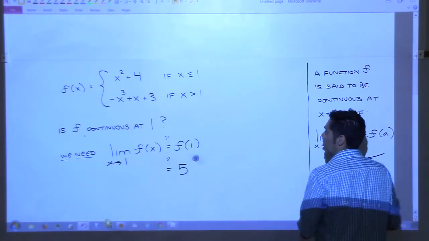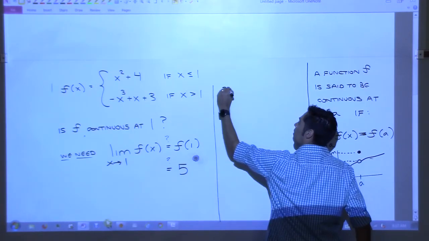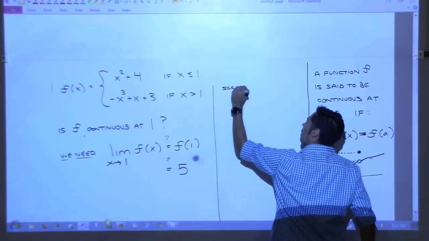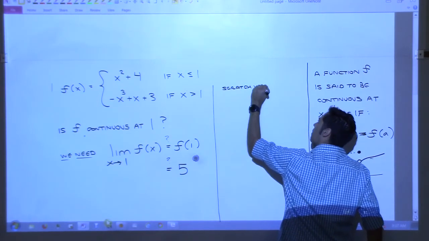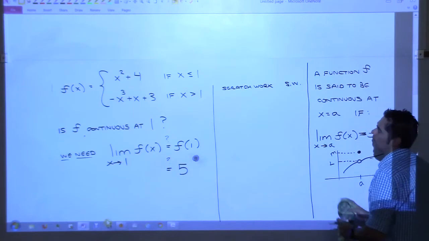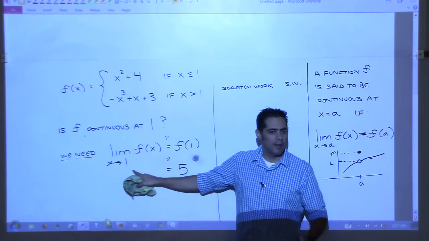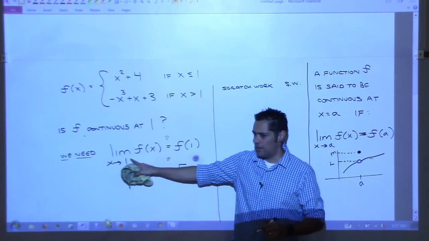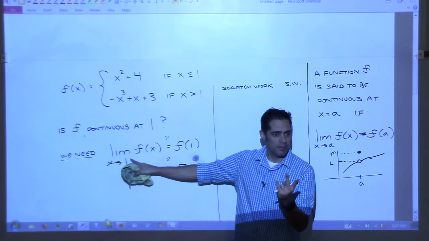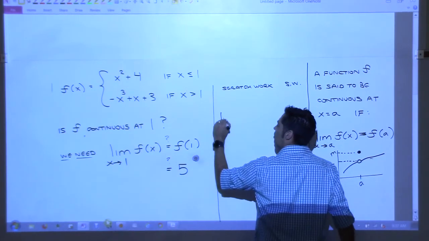So I'm going to have to do a little bit of scratch work here. From now on, if I do scratch work, I'm just going to say SW, okay? My scratch work is this. I need to figure out what this limit is, right? And when the limit does not have plus or minus on it, it means you have to do it from both sides and see if they match. So I'm going to be checking two limits.